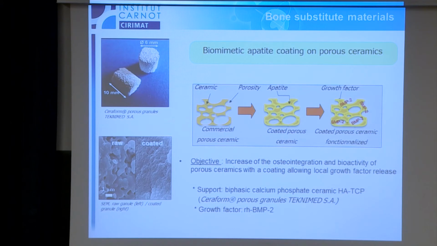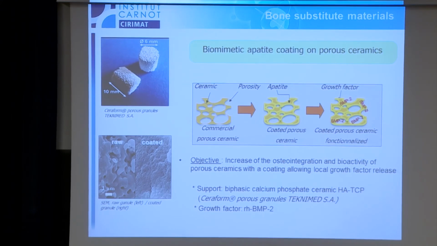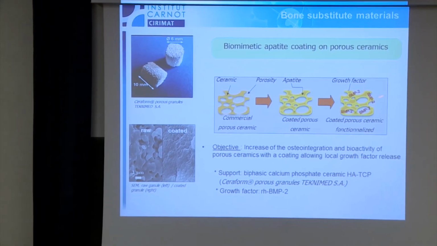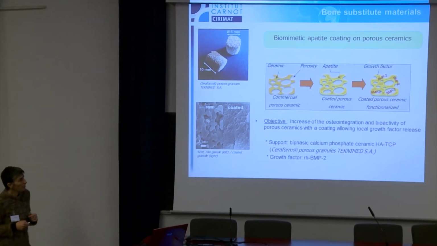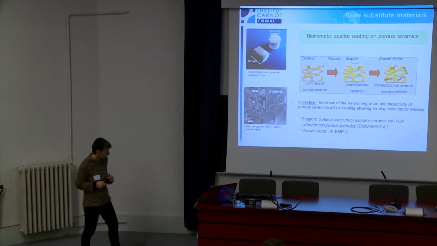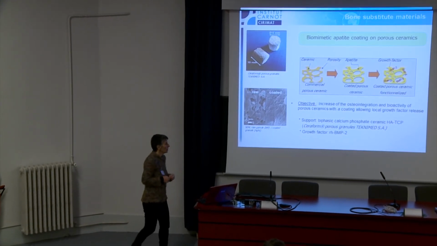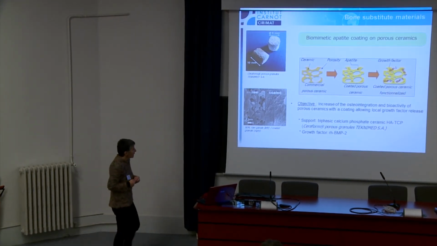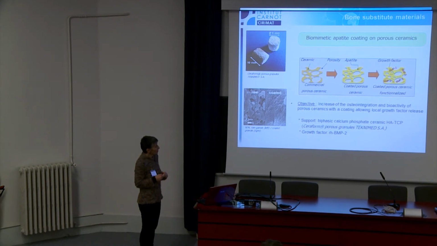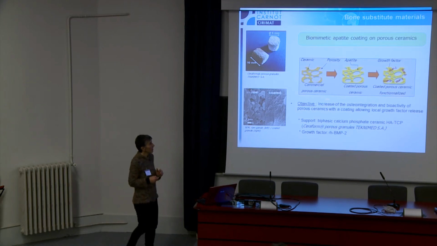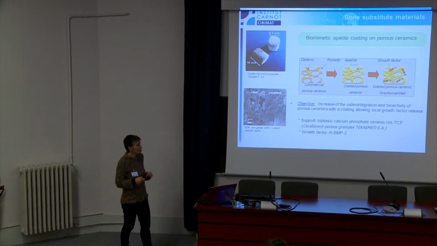Then, due to the ability of this nanocrystalline apatite to absorb and release proteins, we proposed to adsorb BMP2, a growth factor well known to have an impact on osteogenesis. So we tested three kinds of materials: the commercial porous ceramics, the coated porous ceramics, and the coated ceramics functionalized with BMP2.